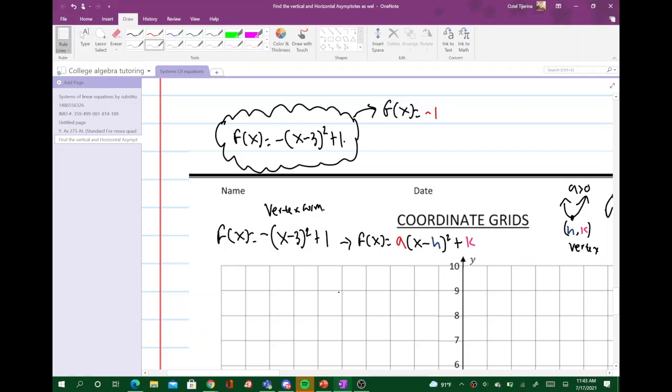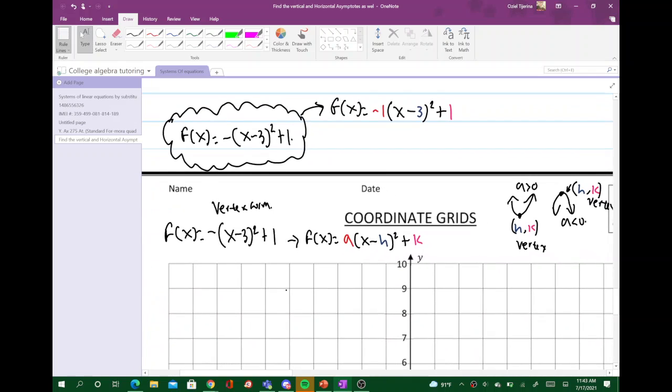It's going to be negative 1 times x minus 3, squared, plus 1, right, like this.